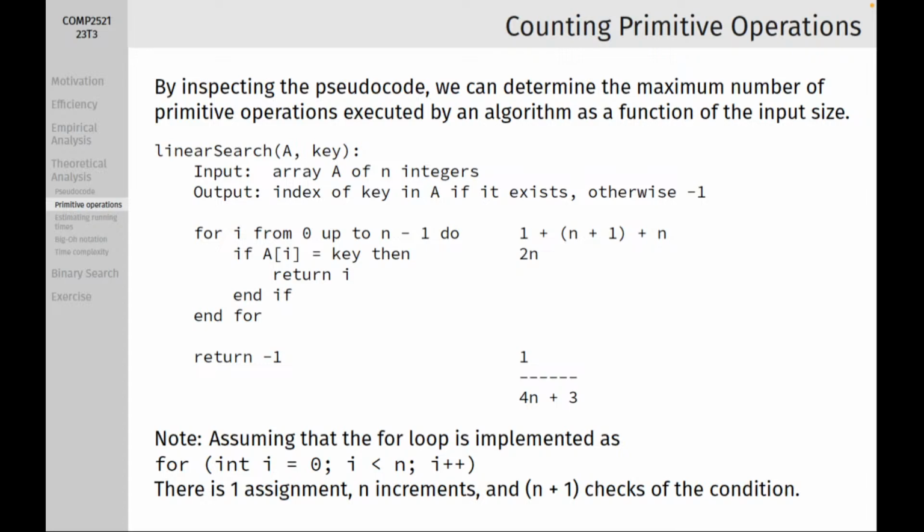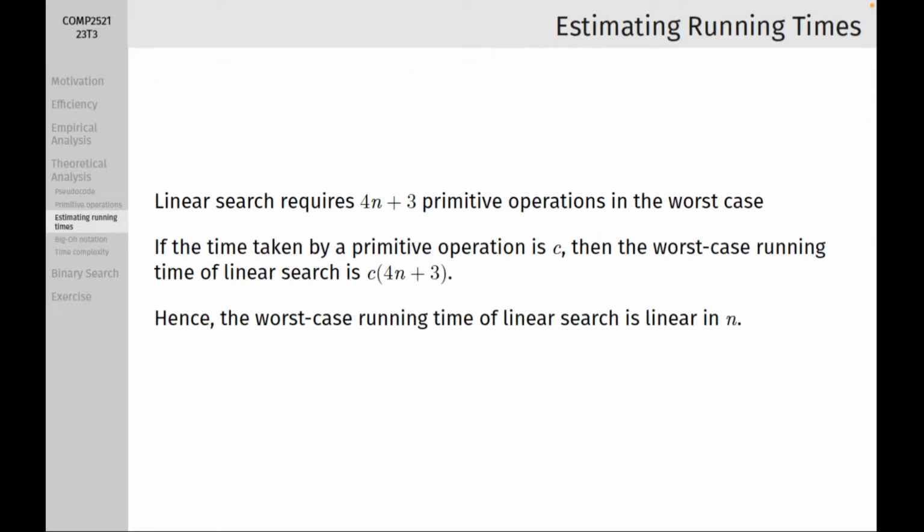So now let's see what we're going to do next. Now that we've counted the number of primitive operations, what do we do? Linear search requires 4n plus 3 primitive operations in the worst case. Earlier we made the assumption that each primitive operation takes the same constant amount of time, C. That means the worst case running time of linear search is C times 4n plus 3.